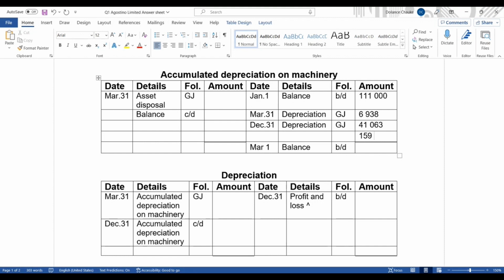Add 00. No, 001. Okay, even this side is going to be like that. 159,001.